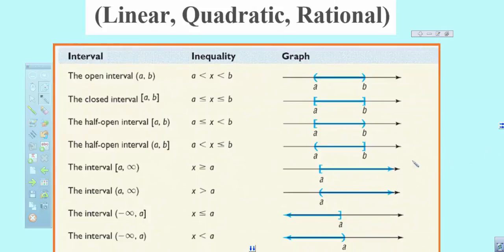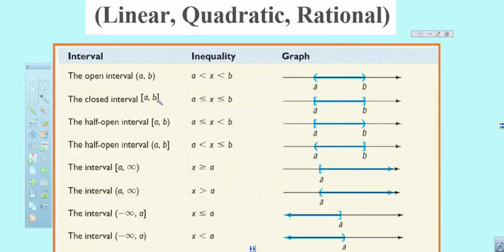If you wanted to hit pause on the video and look at this more closely, I think that's better than just more words and more confusion. Remember, you can always hit pause, rewind to that spot, watch it again, and copy down what you need. The point is that if you have open parentheses with open parentheses, that means you are between, and that means you have a less than and a less than. And that's what it looks like on the graph.